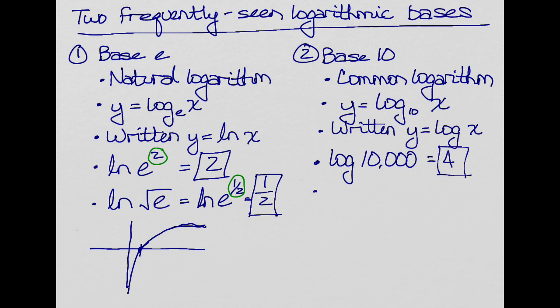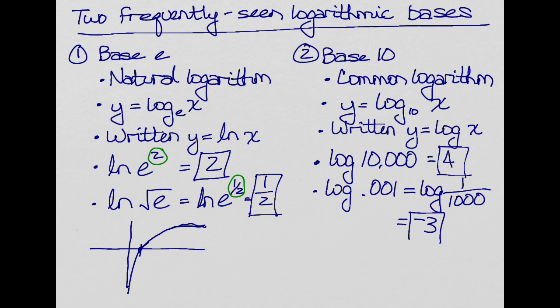If I want the common log of, say, 0.001, I'm going to recognize that's the thousandths place, so this is really log of 1/1000th. Well, 10 to the third power is 1,000. To get it into the denominator, I'll make the exponent negative, and I get a power of -3.